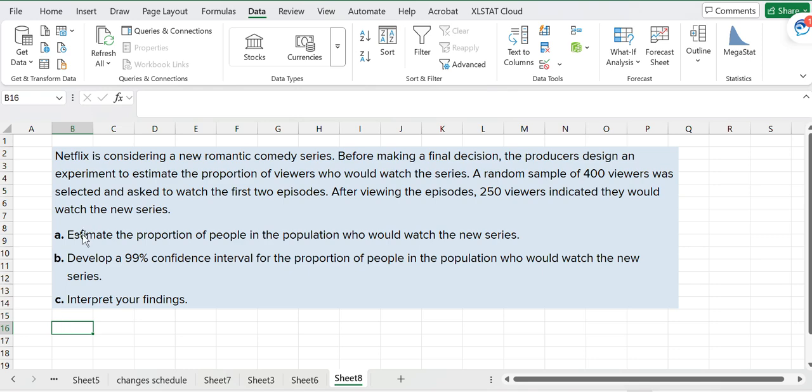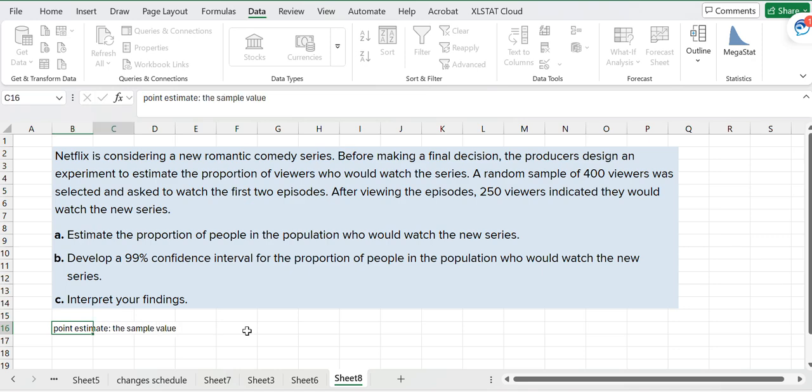Now the first question says find the population proportion of people in the population who would watch the series. Now this is just a simple estimate, so it's also called the point estimate, which means it's nothing but the sample value. So here they have taken 400 samples, of which 250 are yes, we will watch.